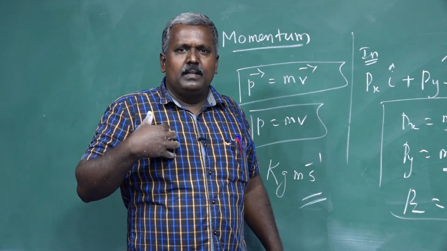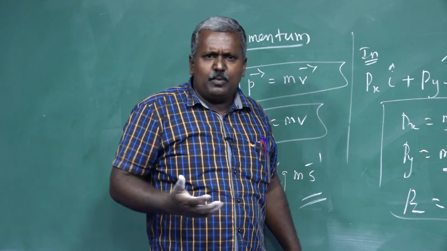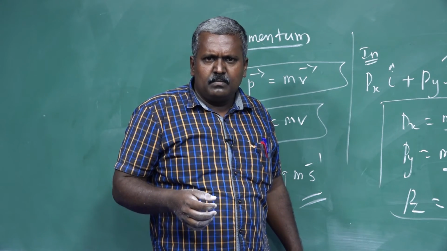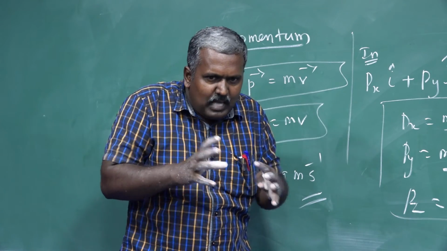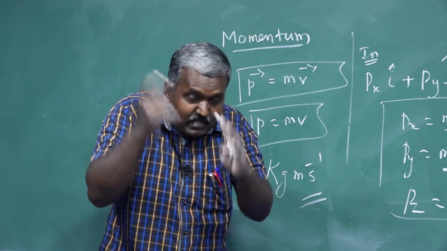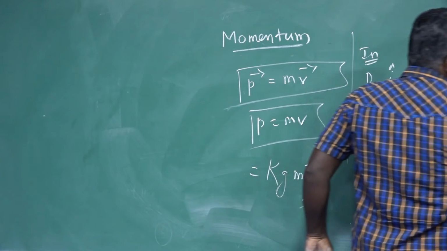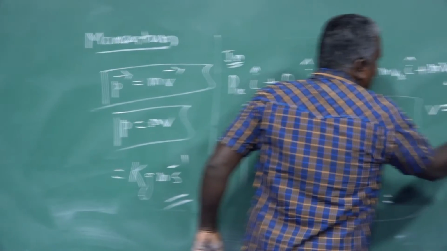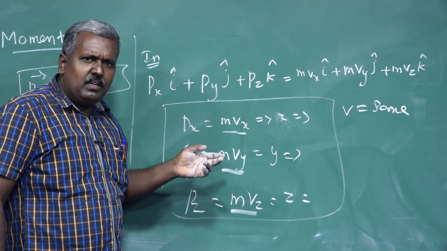At the same time, which has the greatest momentum, car or mosquito? Even though both are moving towards you with the same velocity. That is important, keep it in your mind. So does momentum depend only on velocity or only on mass?